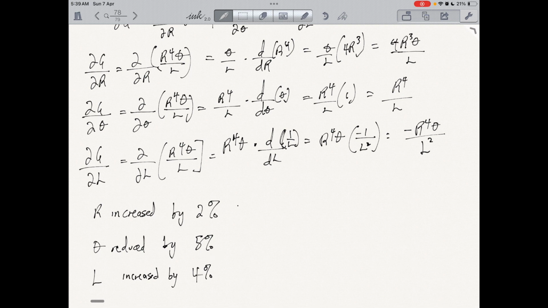So if R increased by 2%, then the change in R is equal to plus 2, that's 2 divided by 100 R.